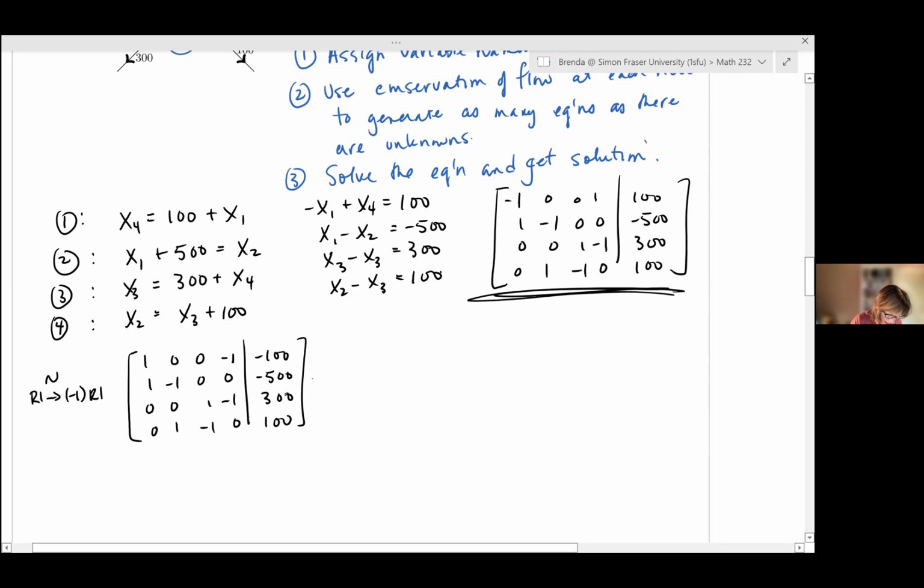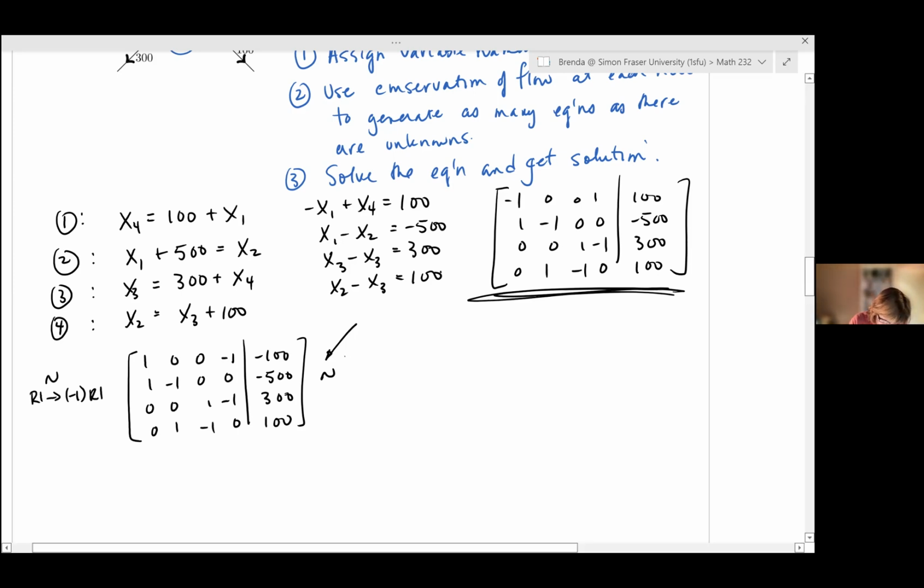Okay, and this symbol here means I'm going to generate a matrix with an equivalent solution set. So each one of these matrices that I write down has the same solution set. That's what that little symbol is. I'm generating a new matrix, but it has an equivalent solution set.